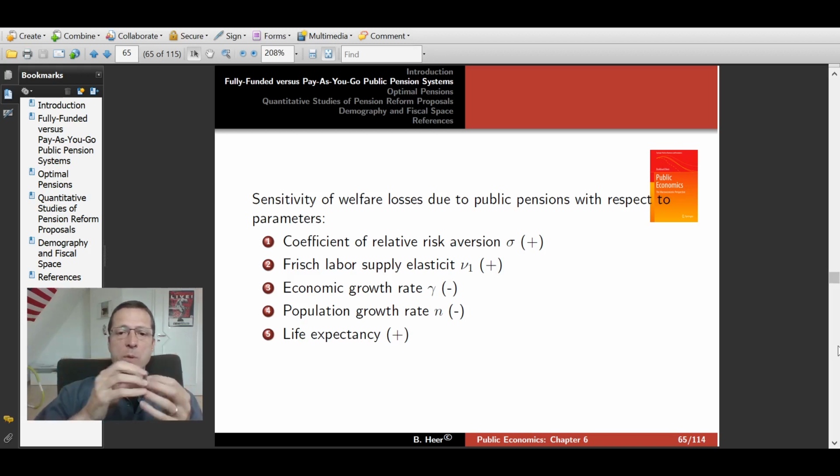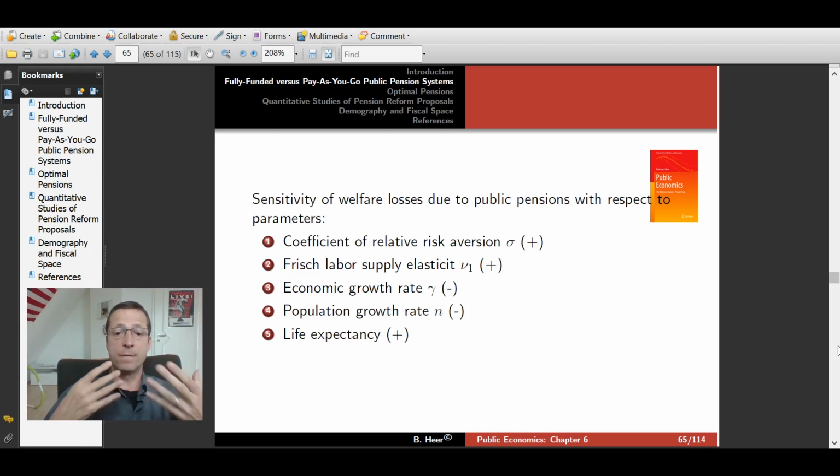Therefore, when we have this more sophisticated large-scale OLG model, we find that with very high risk aversion, let's say 4 or 5, it's optimal to basically abolish public pensions. Similarly, a higher Frisch labor supply elasticity nu 1 drives up the cost of public pensions, and the optimal pension replacement rate, the ratio of pensions with respect to pre-retirement earnings, should also go down to 0.